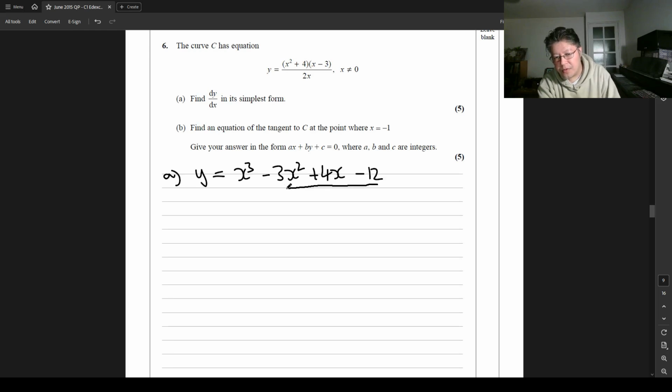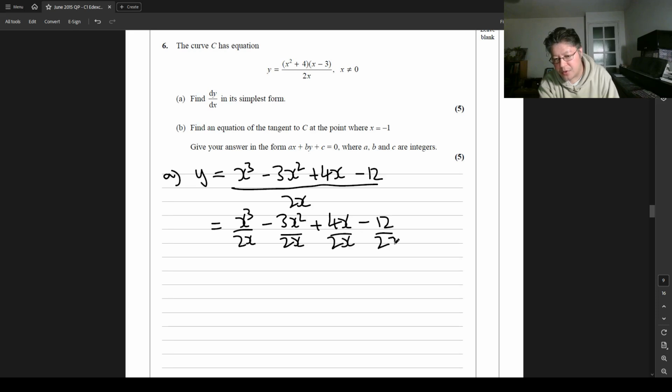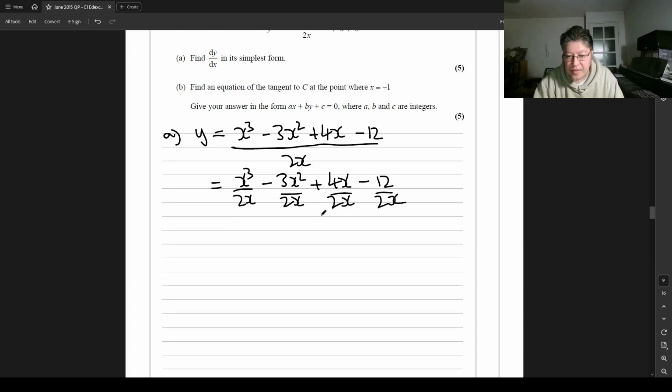And this is all over 2x. And we are going to split up the fraction, so I'll do it in 2 steps. It's x cubed over 2x, minus 3x squared over 2x, plus 4x over 2x, and minus 12 over 2x, and then we'll just simplify this.